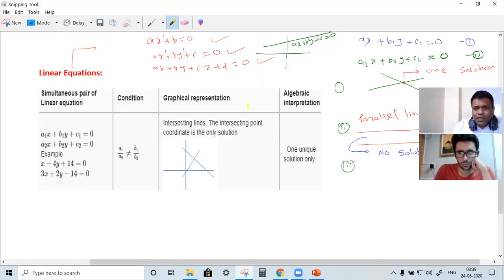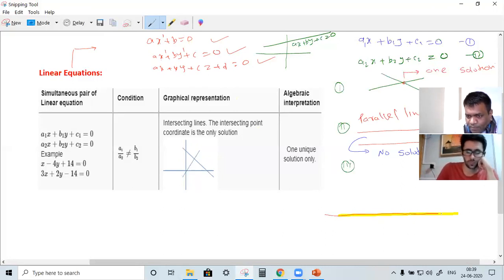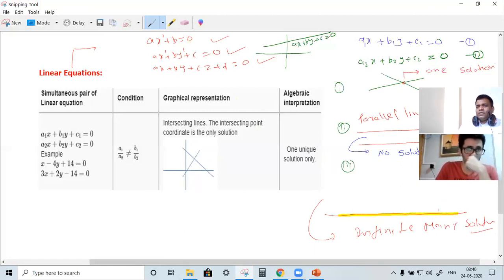And the third scenario, the lines could be coincident, meaning one line lies on the other line. So how many common points do we have? Infinite. So in this case, we are going to get infinitely many solutions.